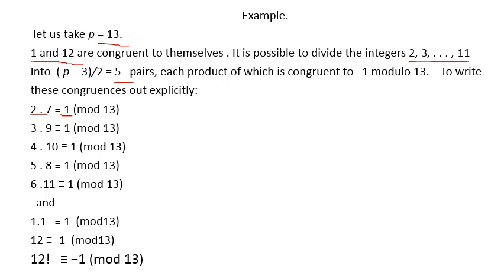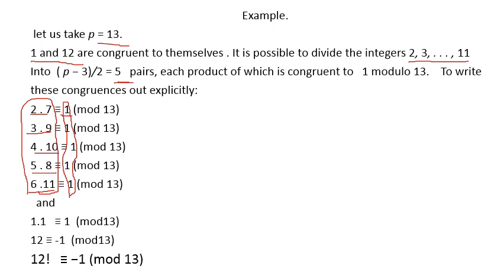So when you pair them, observe here, we will get all the 10 numbers. They are distinct and disjoint pairs. So left hand side, product of those 10 numbers into 5 pairs. Right hand side is product of 1, modulo 13.